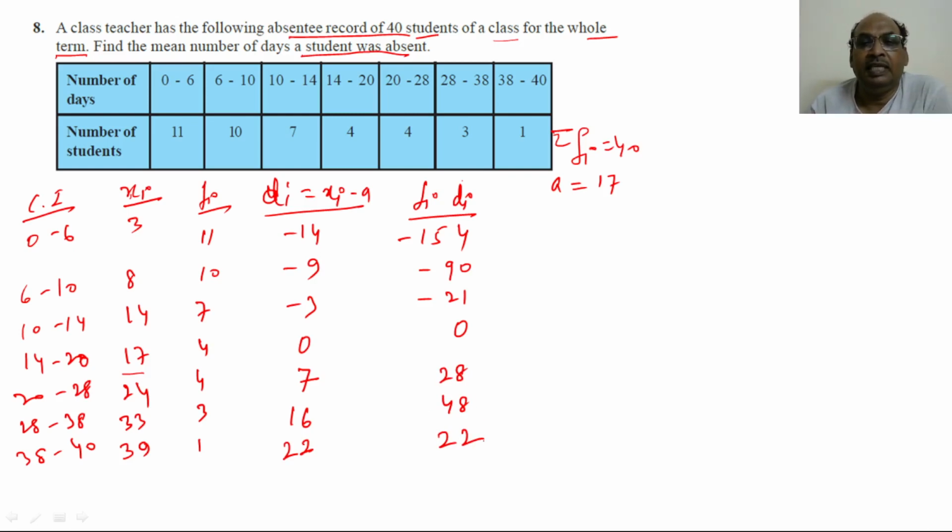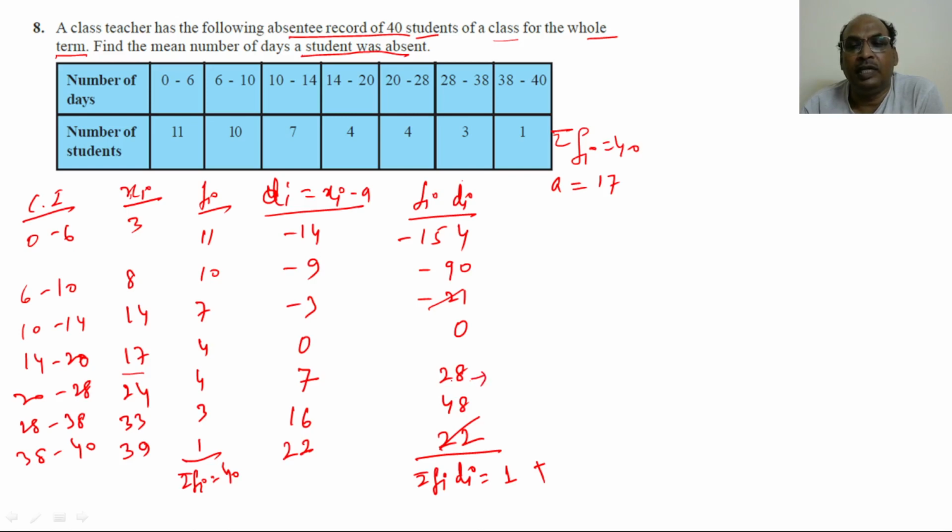So now we can see what things we can cancel, so that we will be getting sigma fi di, and as we know sigma fi is equal to 40. So 22 and this minus 21 will give us plus 1, and 48 plus 28 is 76.